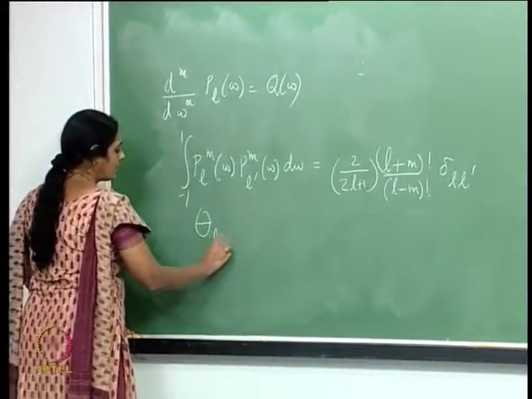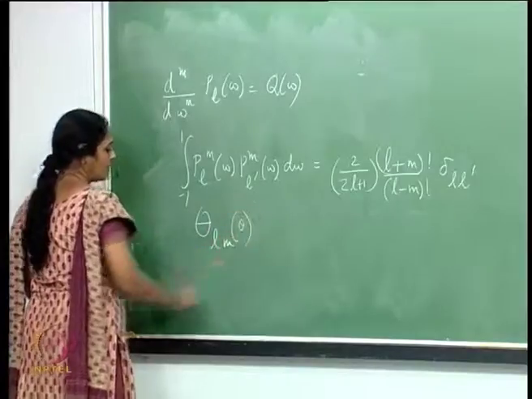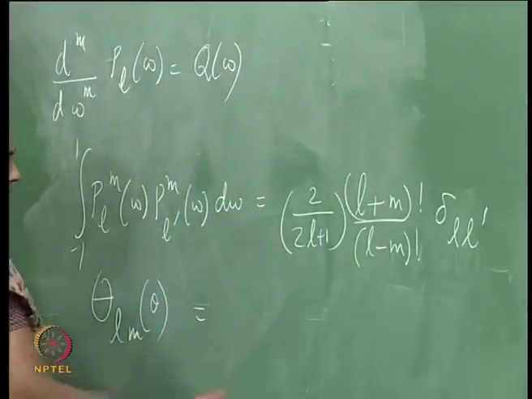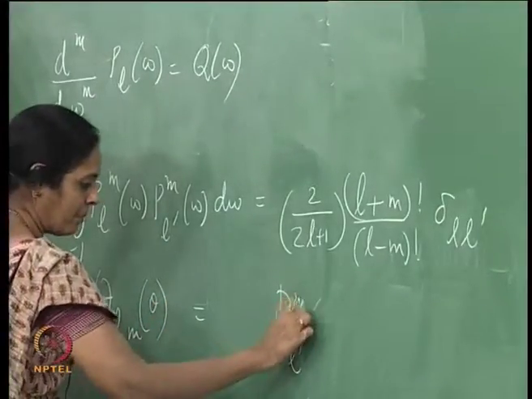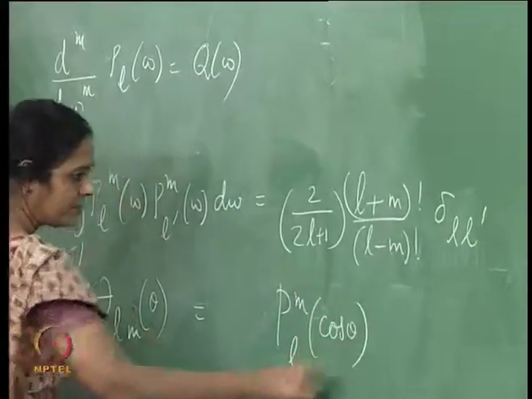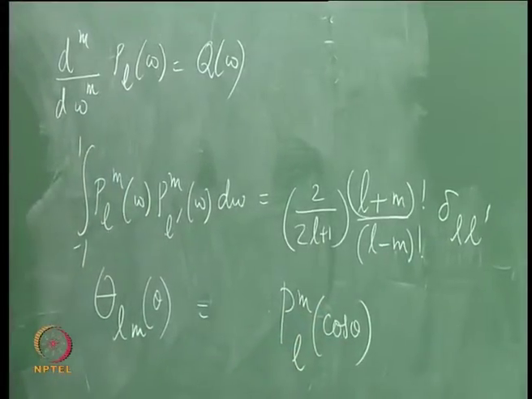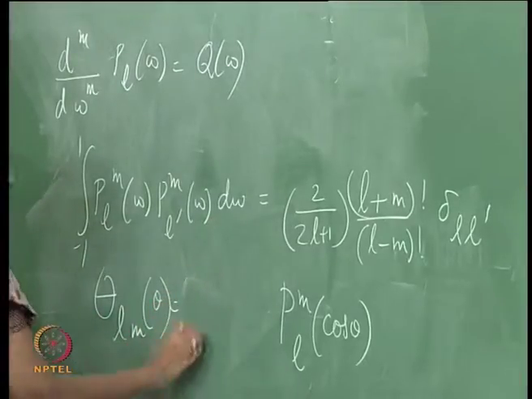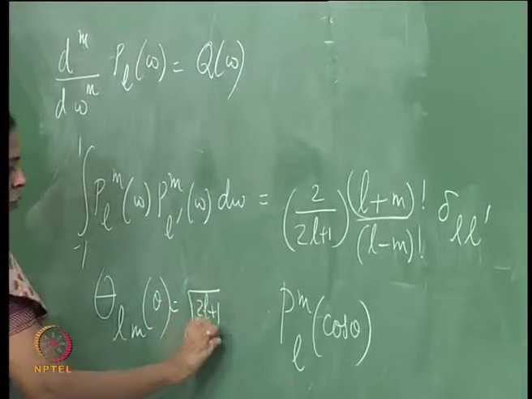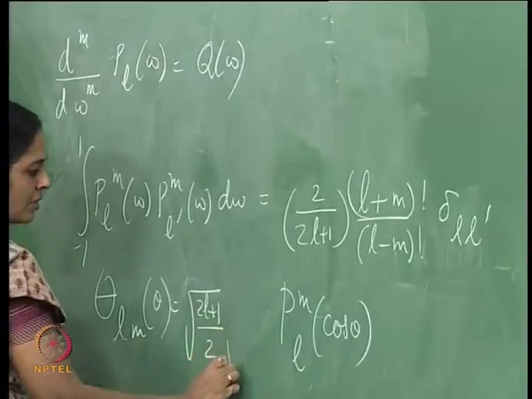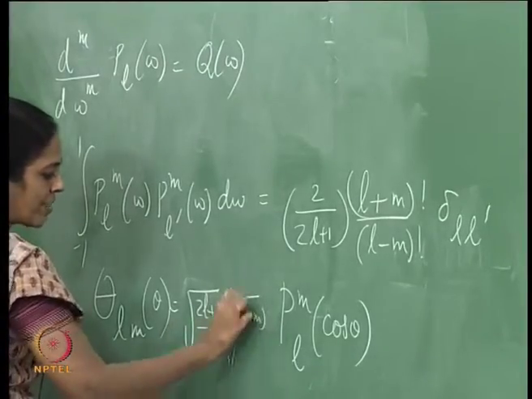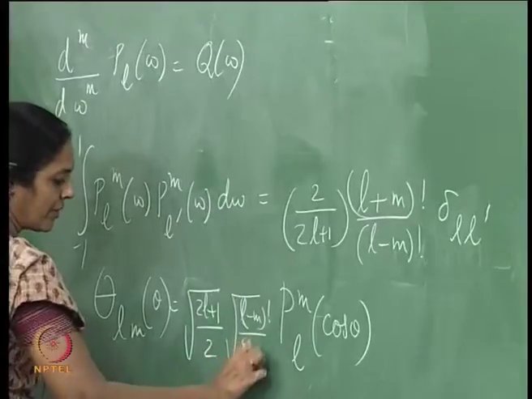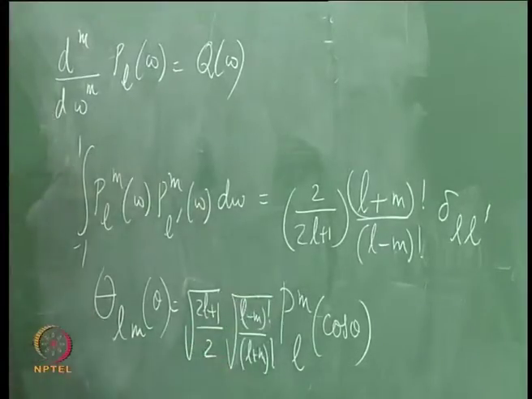I define theta L m of theta, which is of course P L m of cos theta, but in order to have the normalization straight, this would be root of 2L plus 1 by 2, root of L minus m factorial by L plus m factorial, P L m of cos theta.